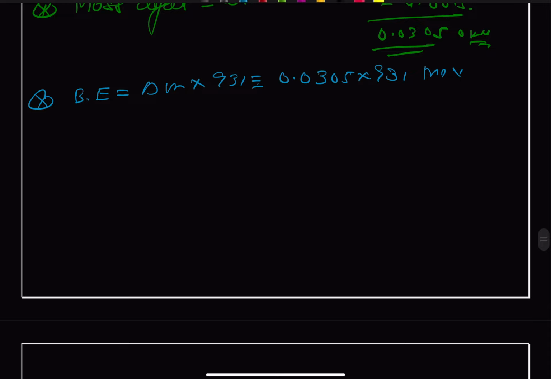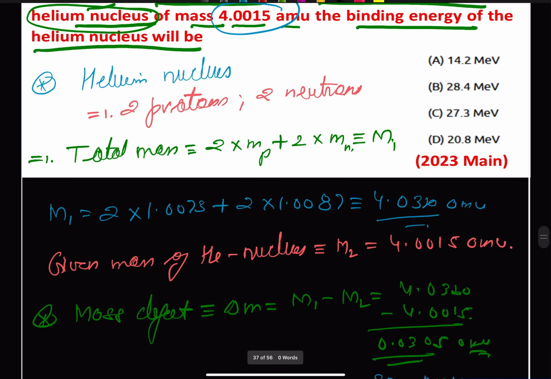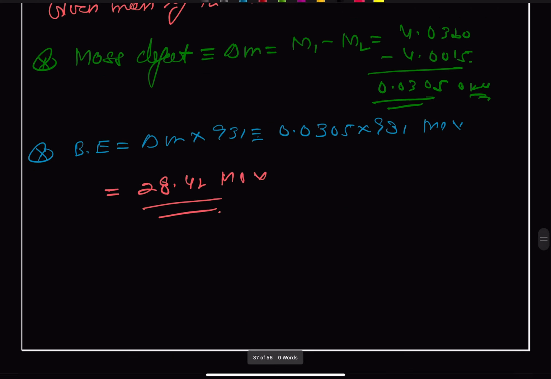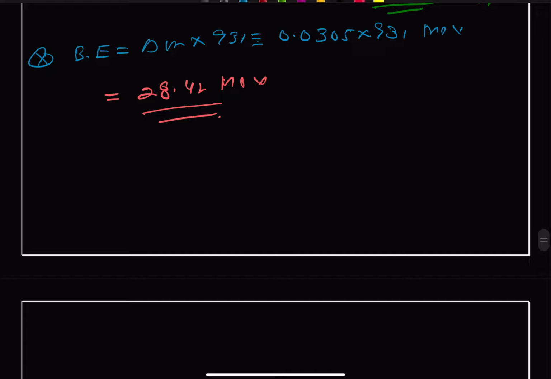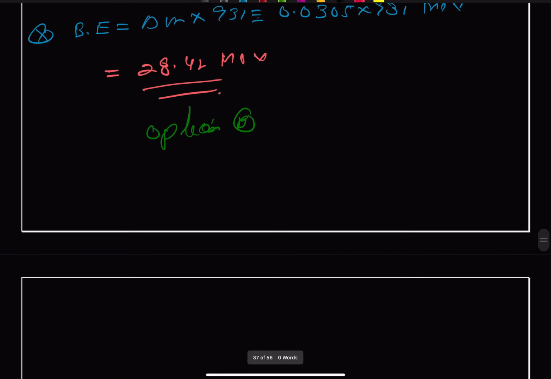So finally we get this will be equal to 28.42 mega electron volt. So option number B is correct. Option B is correct.